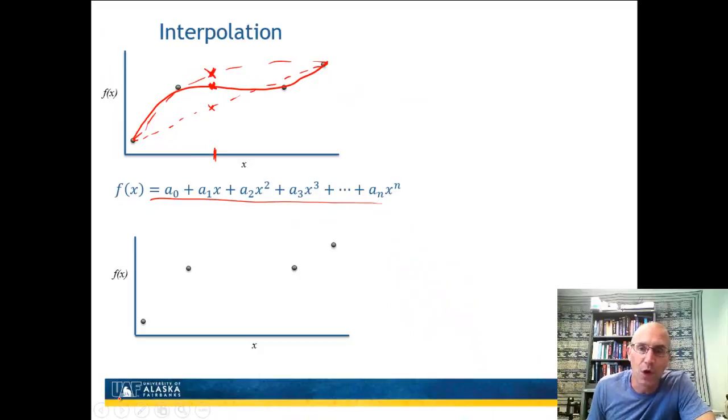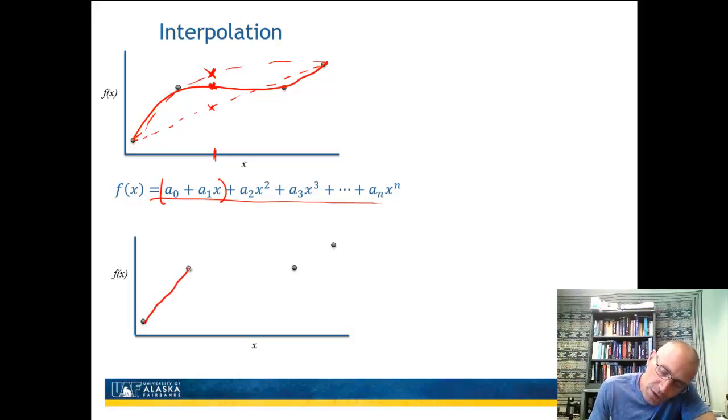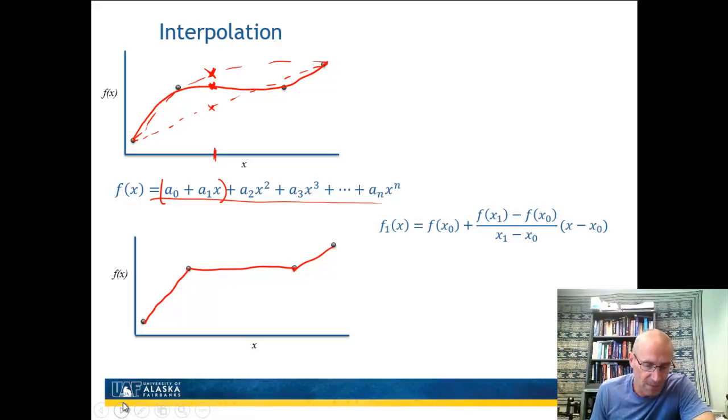Let's look at a pretty low example. The very simplest polynomial I could do would just be a0 plus a1x, which would be what is called the linear interpolation. And you're probably familiar with this. This is just drawing straight lines in between all of those and estimating my value at each of those values. So here's the function. What I'd be doing is, for example, this right over here is f1 of x, and there's going to be a function for each one of these segments that I have.